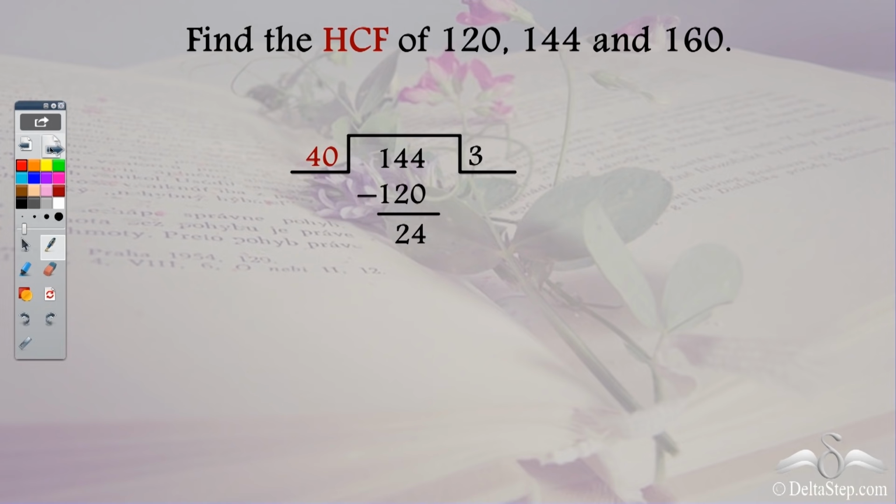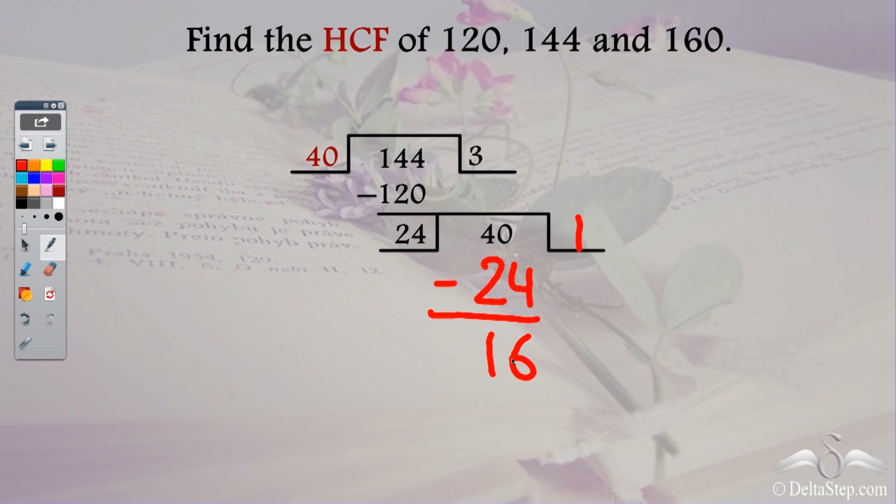This is what we have. Now this 24 is the remainder. So this remainder will divide the divisor of the last step. So 24 will now divide 40. 24 goes into 40 one time, and I get the remainder as 16.